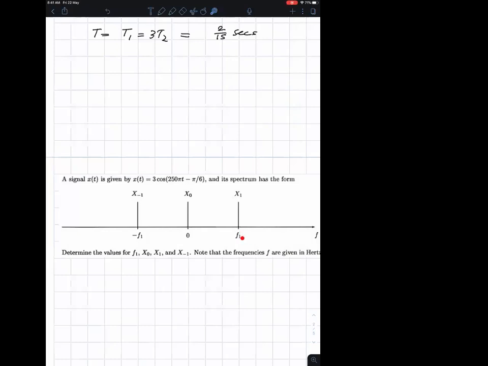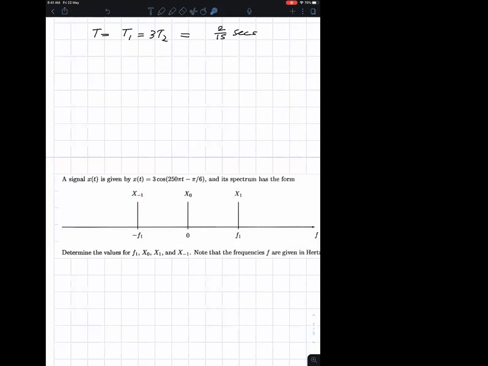They're giving you the frequency, the cyclical frequency, f1 and minus f1, positive frequency with amplitude X1, negative frequency with amplitude X minus 1. Please note this minus 1 is associated with the negative frequency.